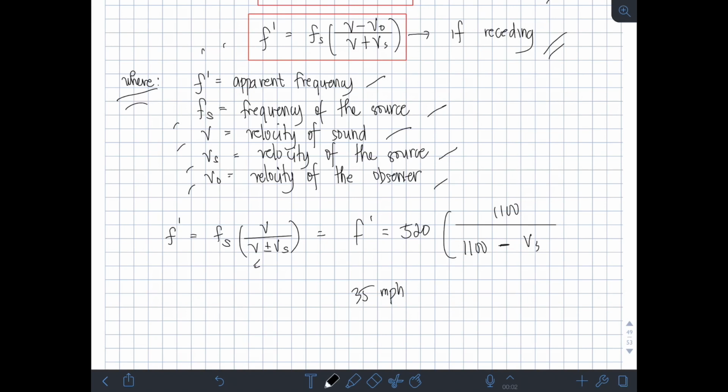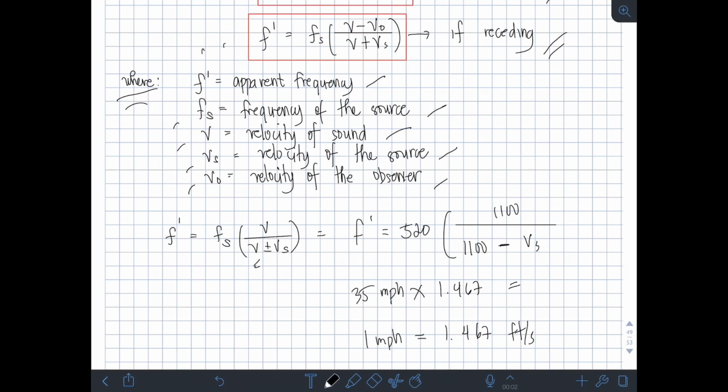So, para consistent tayo sa unit, di ba yung given nating unit sa velocity ng sound is feet per second. So, gawin din natin tong feet per second. So, meron tayong conversion doon, right? 1 mile per hour is equal to 1.467 feet per second. So, multiply lang natin to sa 1.467 para makuha na natin yung velocity ng source in feet per second.